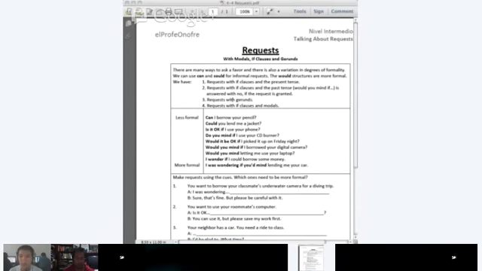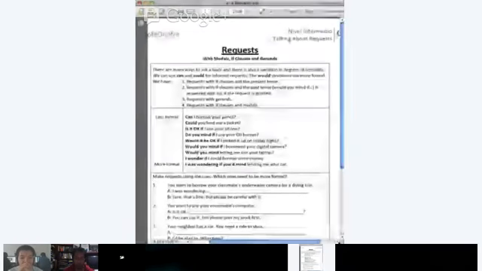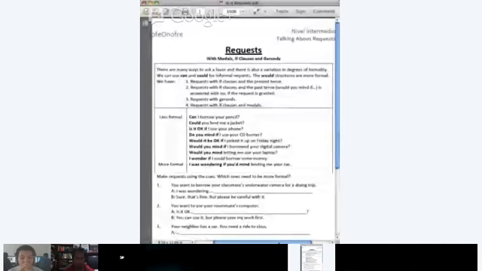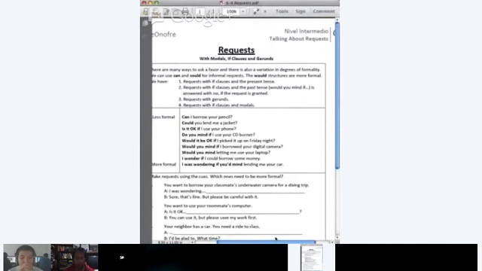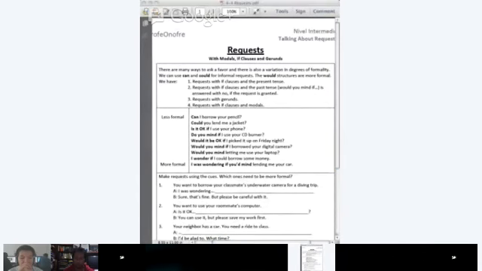It looks like this, and it gives us some great examples. I really like this document as a resource because it gives some great examples of how to make requests, and it also gives us a chance to practice making requests. So this is the worksheet that we're going to start out by working on together.